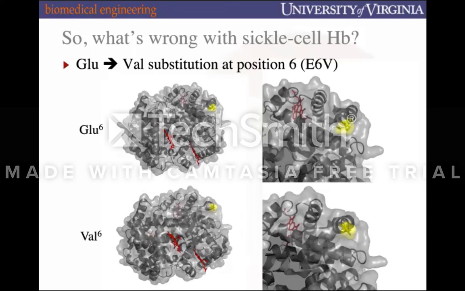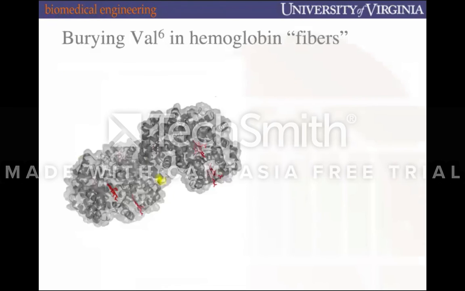If you remember, glutamate is hydrophilic, and that's why it's on the outside, as we looked at in the previous slide showing where the hydrophilic and hydrophobic amino acids are. But valine is hydrophobic. So now we have a hydrophobic amino acid substituting for a hydrophilic one. That is not thermodynamically favorable. So this protein will change its structure to accommodate that.